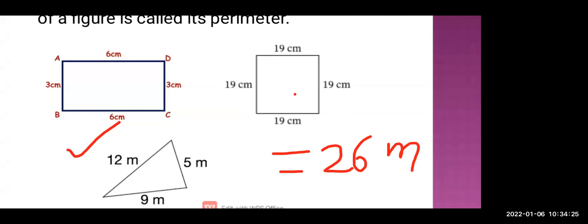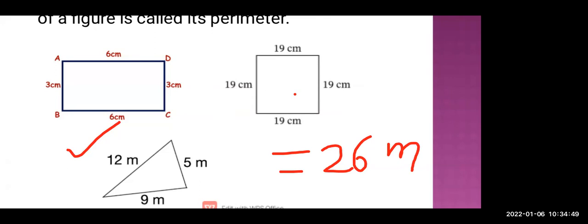I have explained you the example. I have not yet started the problem set. I have explained you the example how you are going to calculate the perimeter of a certain figure. Now perimeter means what? The sum of the length of all the sides of a given figure is called perimeter.